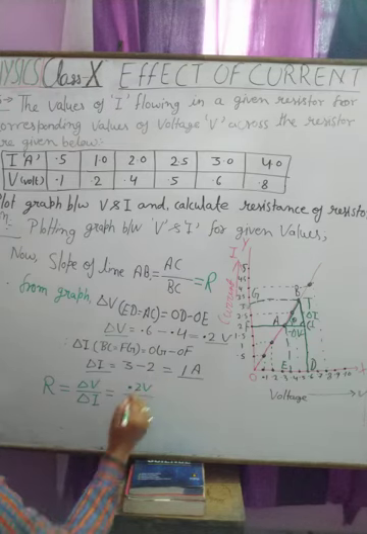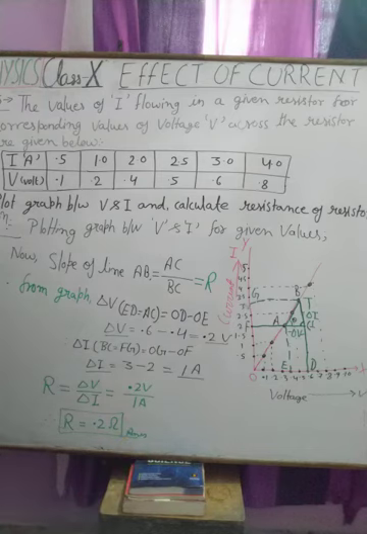Therefore, the resistance of the given wire is 0.2 ohm. This is the calculation of resistance with the help of the plotted graph, and as per experimentally calculated by Ohm's law. So copy this solution.